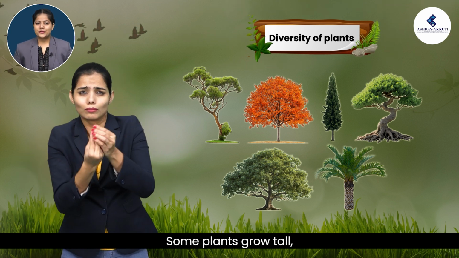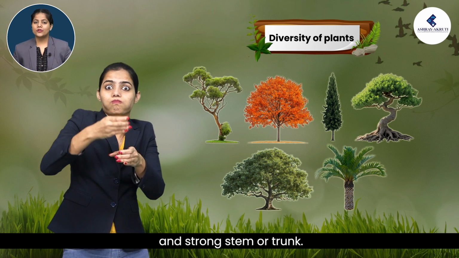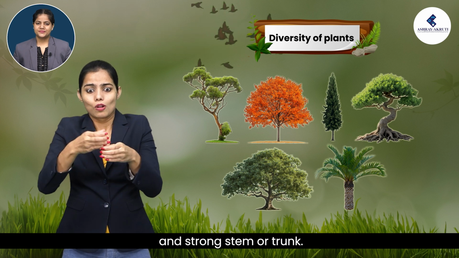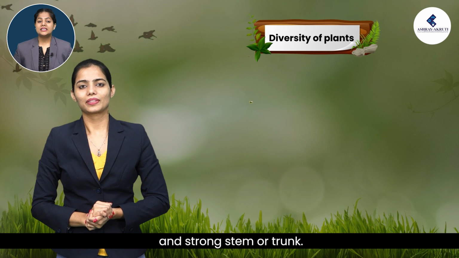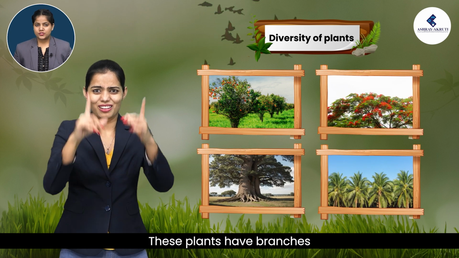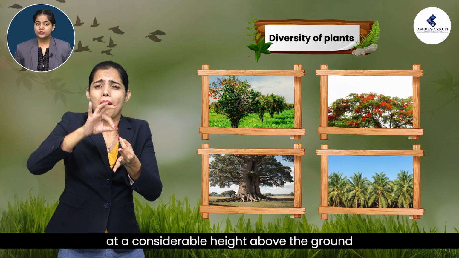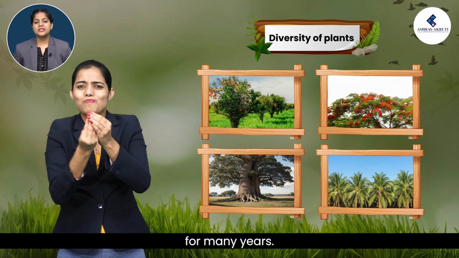Some plants grow tall with a hard and strong stem or trunk. These plants have branches that begin at considerable height above the ground and bear flowers and fruit for many years.